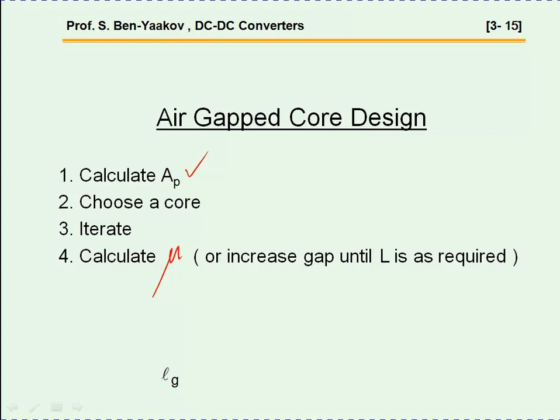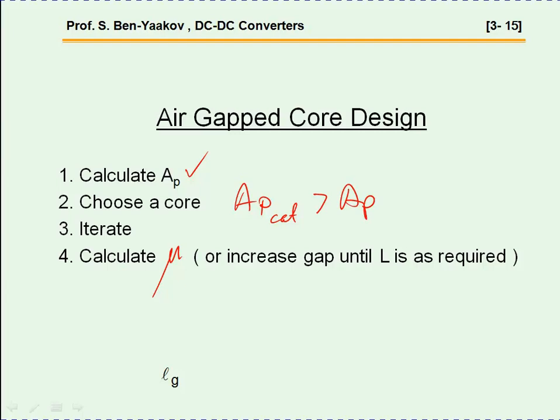Then we go to a catalog of a core manufacturer and select a core. Well, there are many shapes. This is something we have to decide about. I'm not going into it here. And you choose a core that has an AP in the catalog which is higher than the AP that you need.